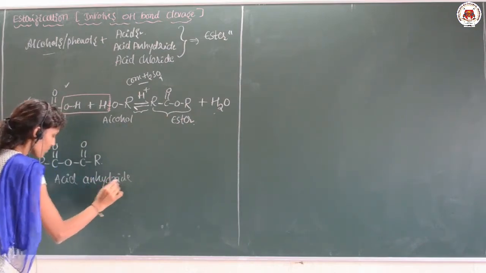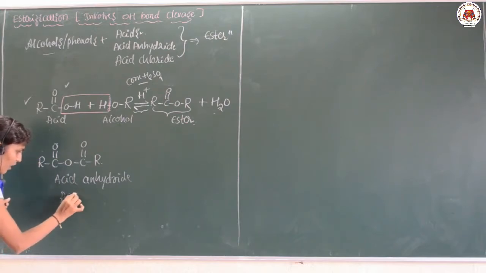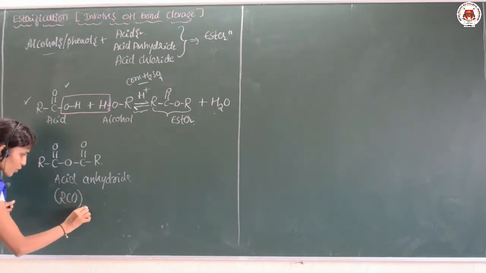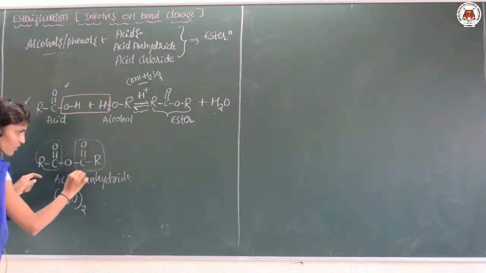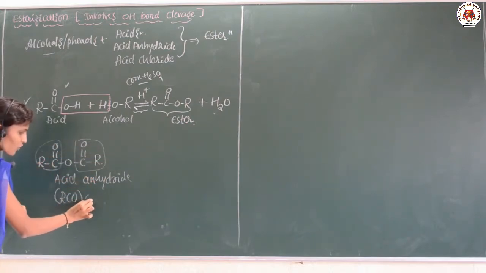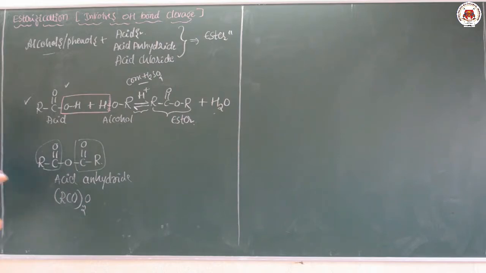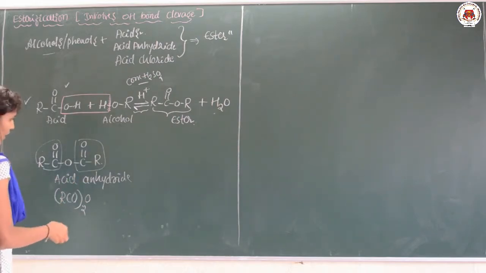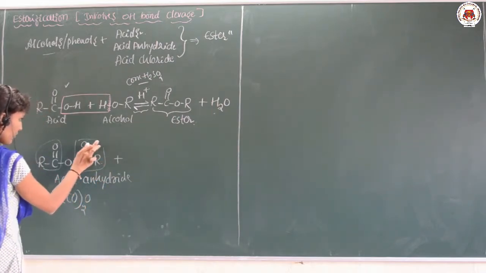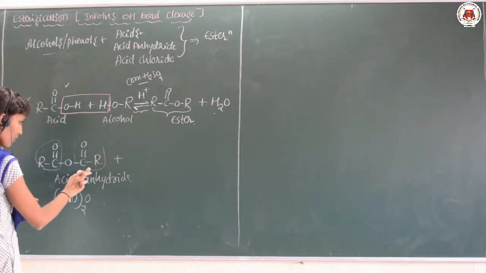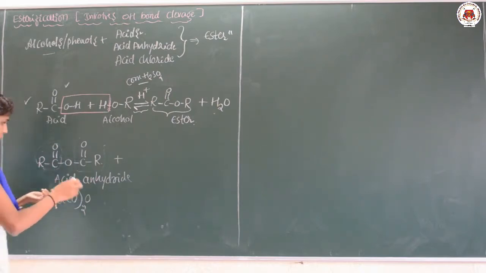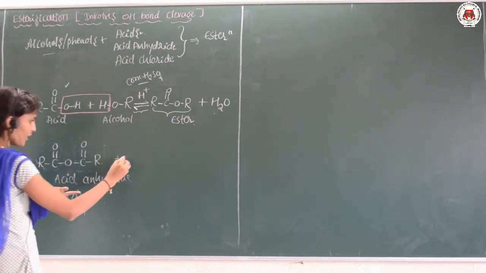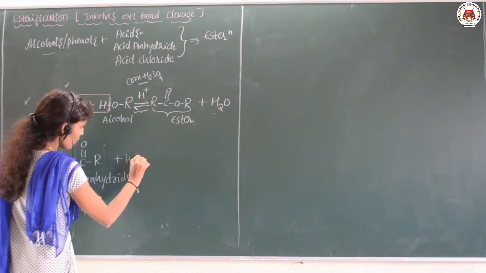In some books it is given like this, RCO twice, with one oxygen outside. So, the acid anhydride is treated with the alcohol.